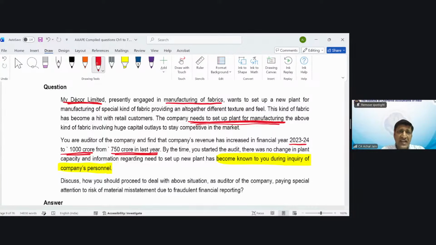So that's the fraud risk you need to consider, and accordingly you need to evaluate. So basically it's all about how you respond to this. What is going to be the response to this risk?